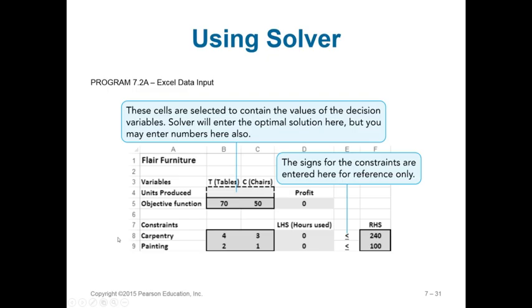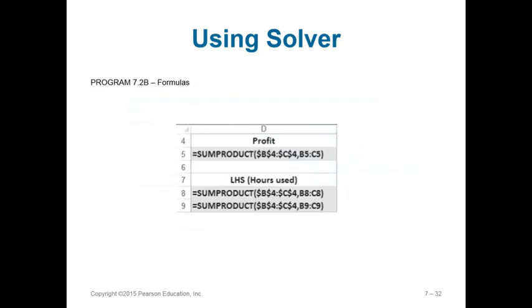One, because it's going to make it easier for us to grade the problem that you turn in for your assignment. Two, because it's going to make it easier for you to see which data is supposed to go into which box within Excel Solver.